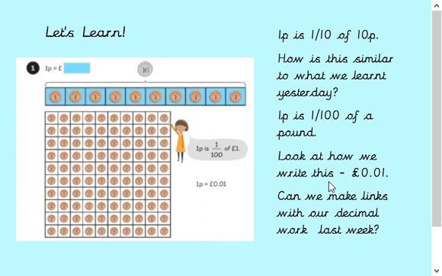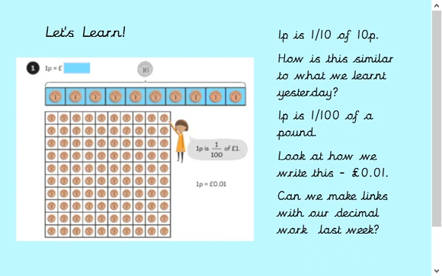Look how we write this. It's 0.01. I want you to pause the video for a moment and think, can you make any links with our decimal work from last week? So look at that again, 0.01. That's how you write 1 pence in pounds. What are the links from last week?